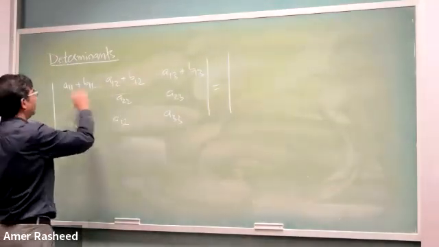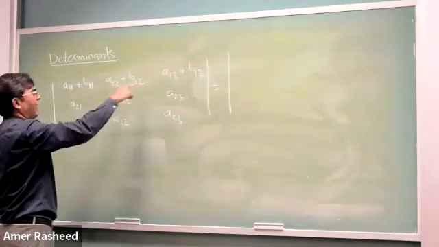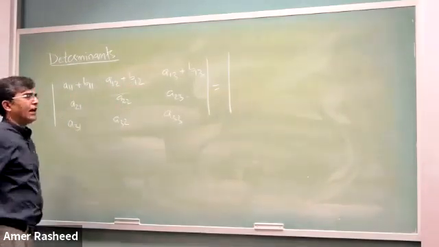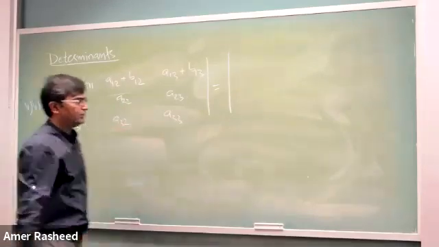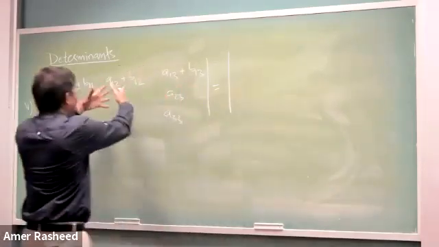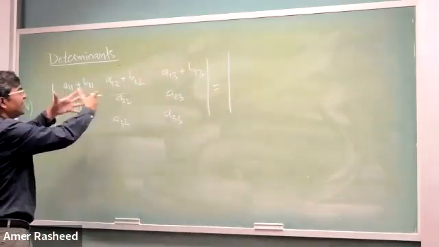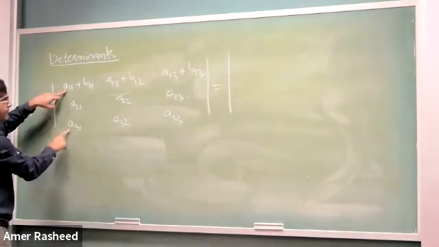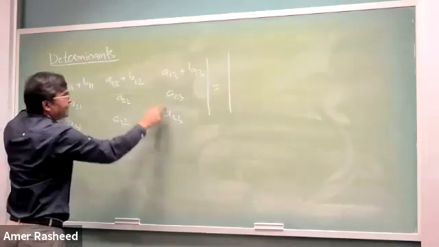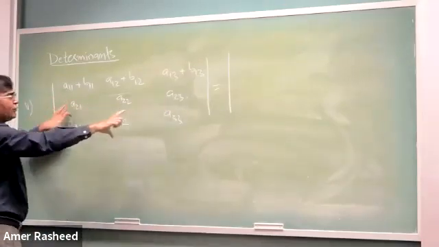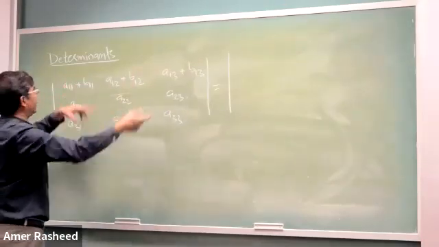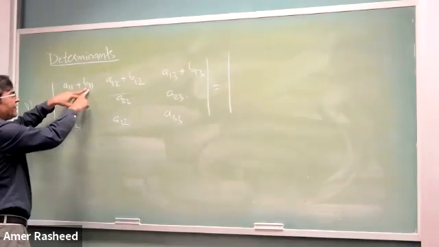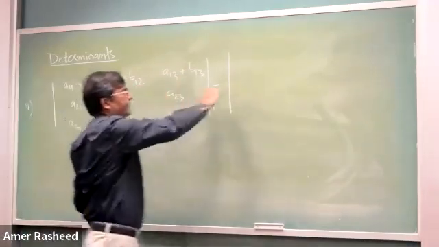The first row is a sum of two different values, but the remaining two rows are normal. You can separate these into two determinants by taking the first entry along with the second two rows, and then again another determinant with the second entry.